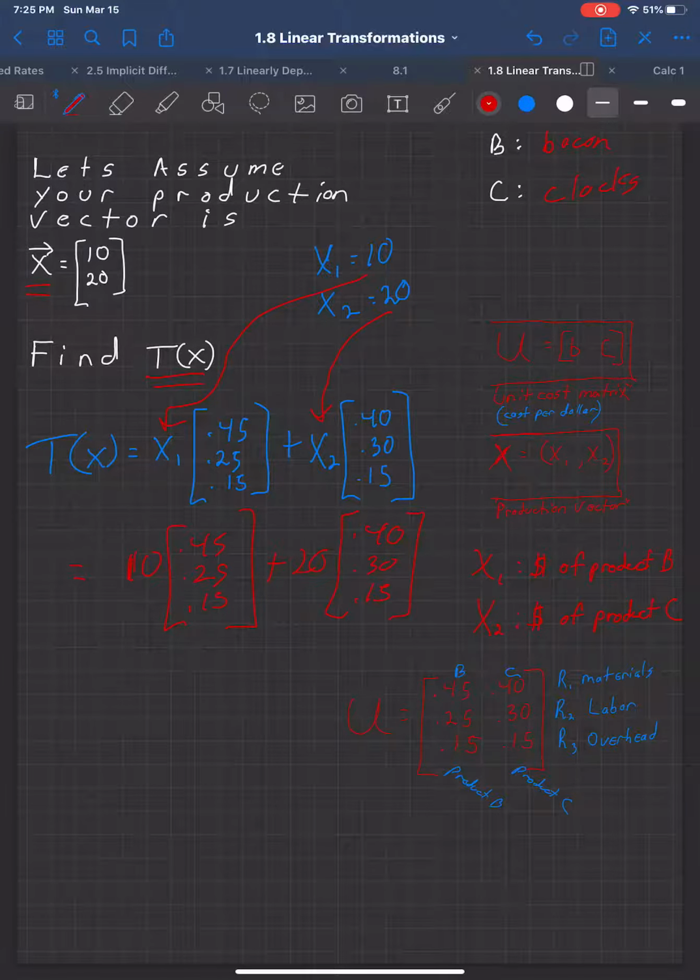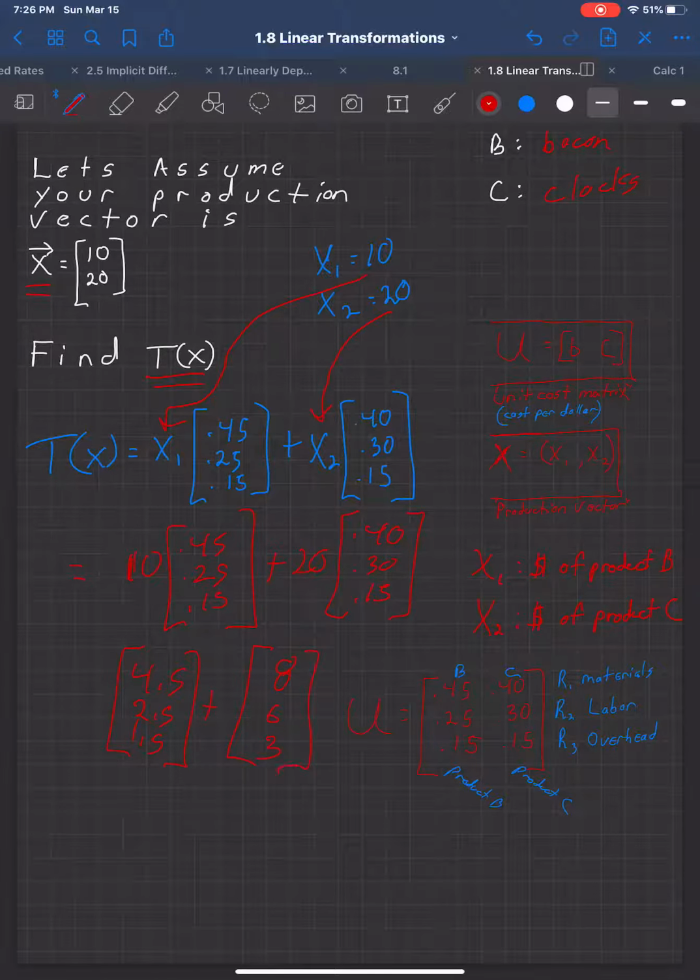All right, here we go. If we distribute our 10 into that vector, distribute our 20 into that vector, and then take the sum, we would have 4.5, 2.5, 1.5, plus 20 times 0.4, so it's 8, times 0.3, 6, 15% of 20, 3.